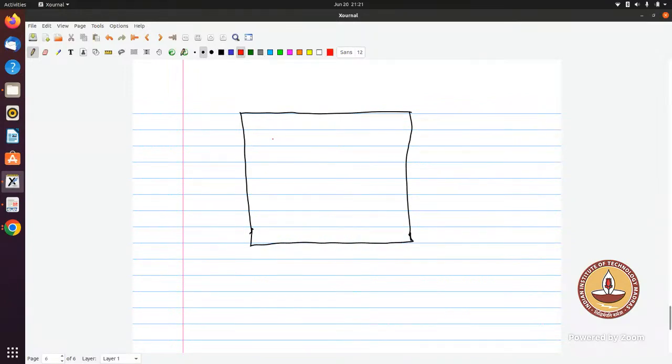So inside there are red lines. More or less this is the diagram.